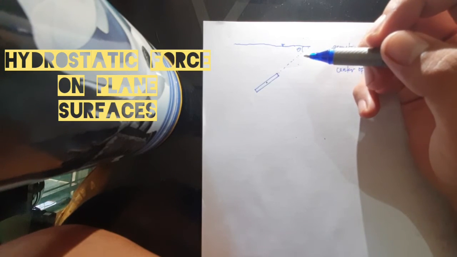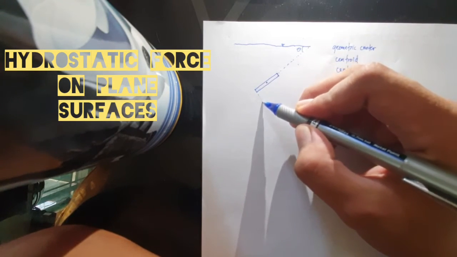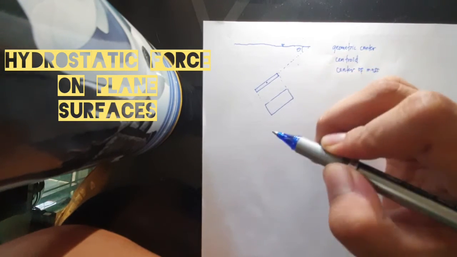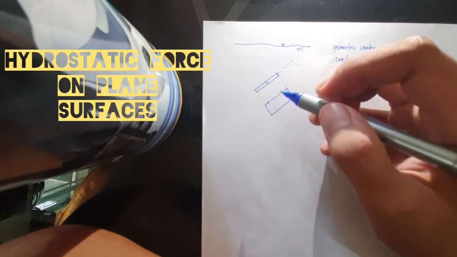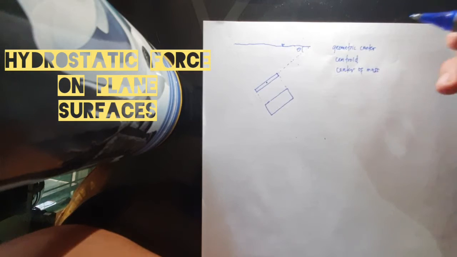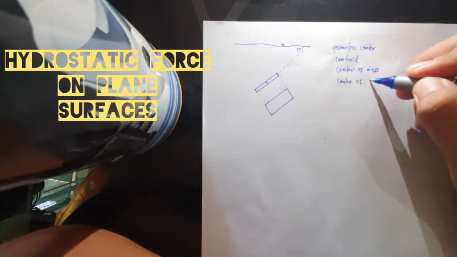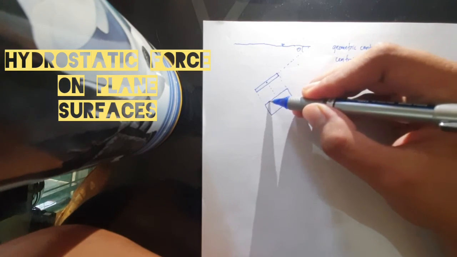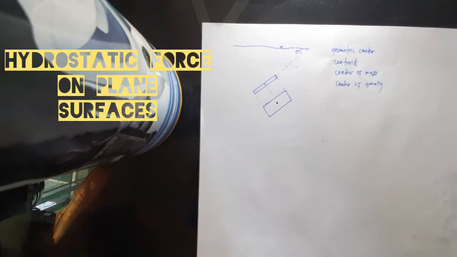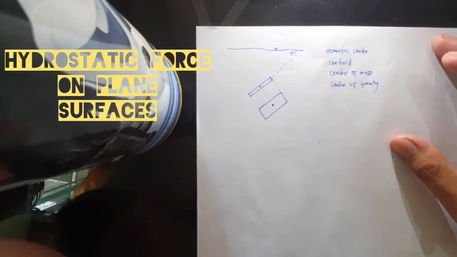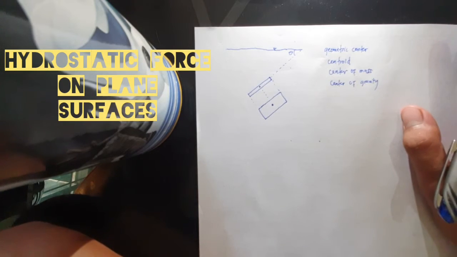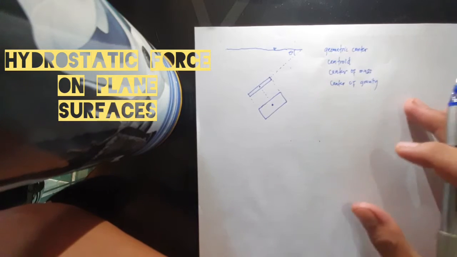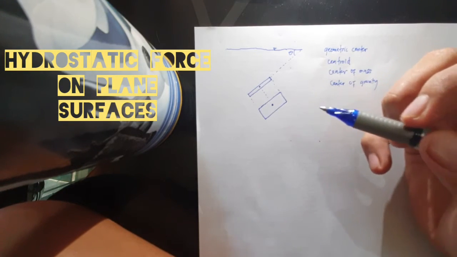Let's say it is rectangular, then the center of mass, or center of gravity, is at the middle. If triangular, it is at a distance 2/3 from the vertex. If a circle, it is also at the center. So that is one center.